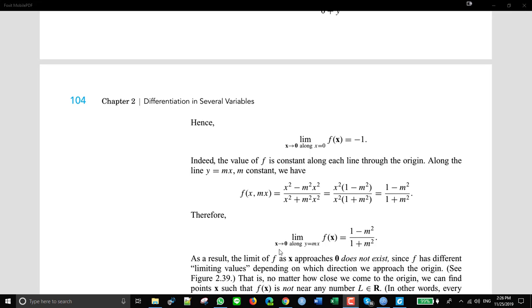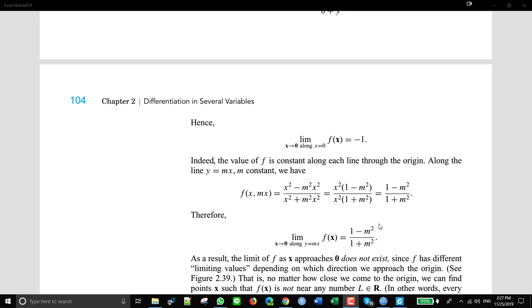So now the limit as x approaches 0, where we're given a particular path defined by y equals mx, so m is a constant, then this is what we get. And so we can see that the limit will depend on which line we're coming in to the origin from. It's going to give us different limits depending on m.